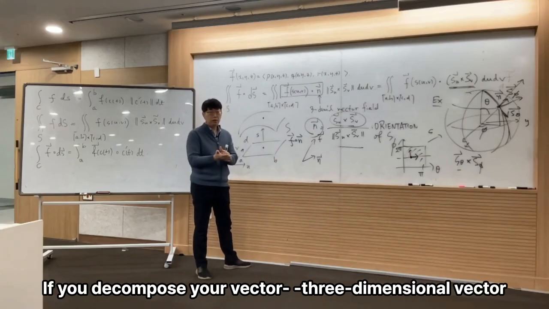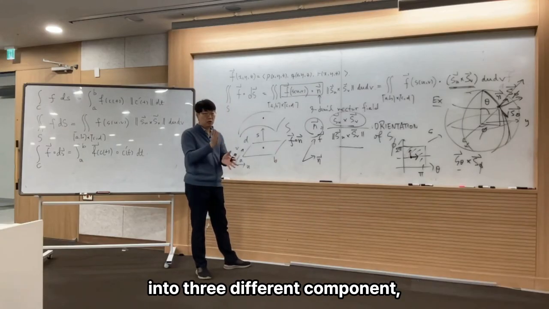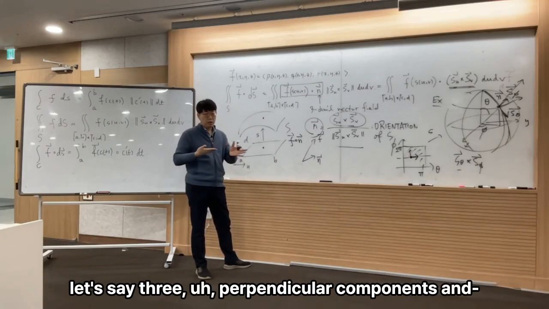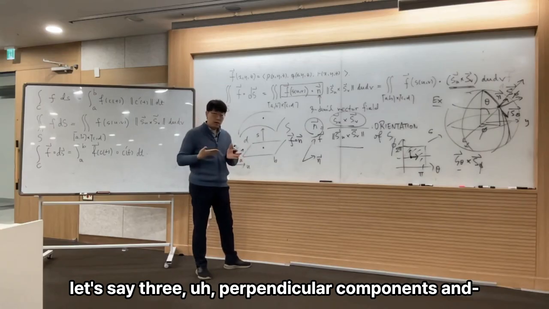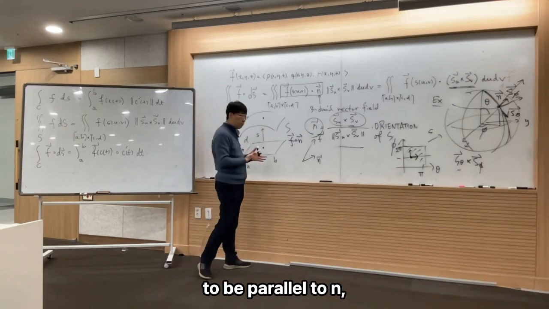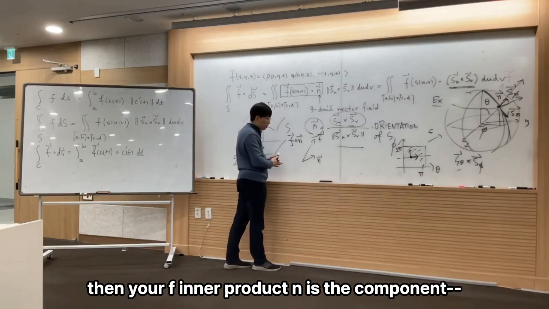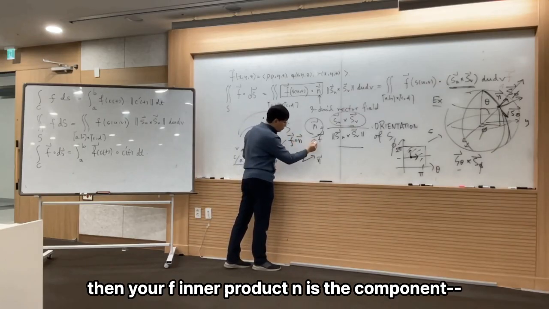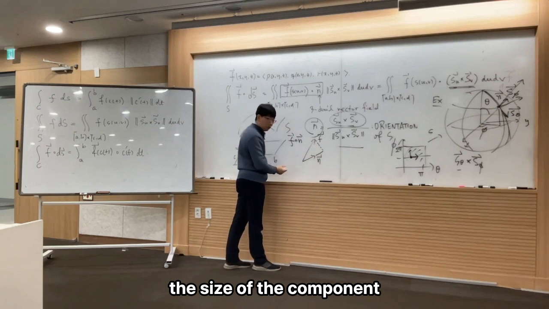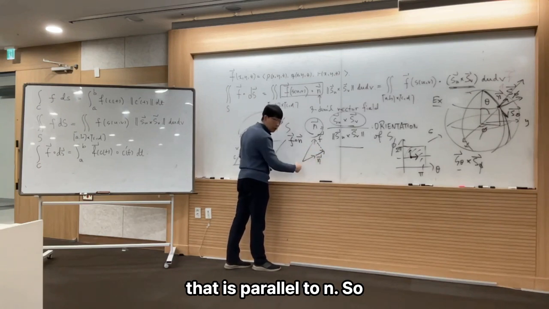If you decompose your three-dimensional vector into three perpendicular components, and let one of the components be parallel to n, then your f inner product n is the size of the component that is parallel to n.